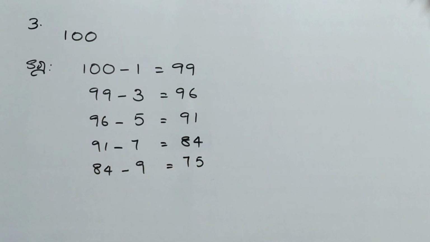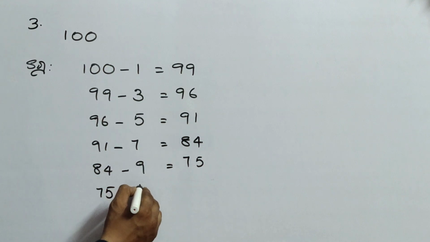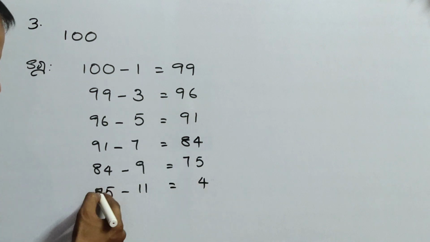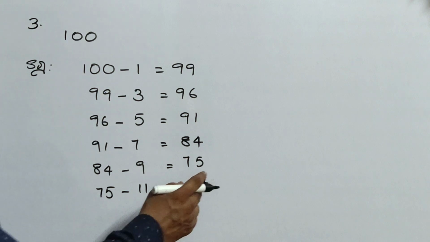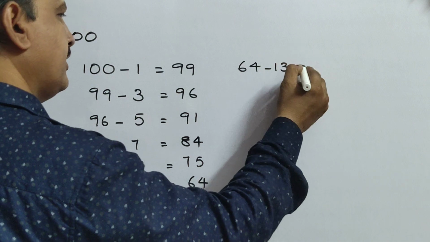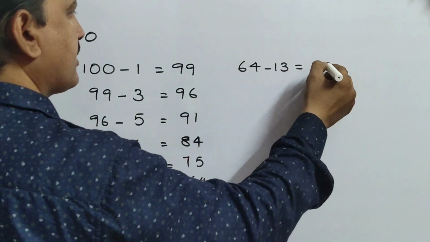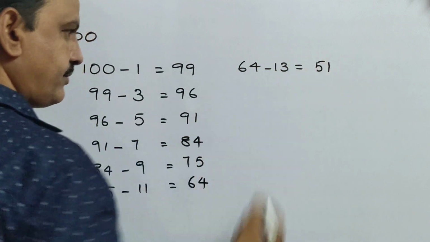Okay, agreed. Next, write here 75. 75 minus 11. So 5 minus 1 is 4, 7 minus 1 is 6. 64. Next, 64 you write here. So 64 minus 13. After 11, 13 is the odd number. 4 minus 3 is 1, 6 minus 1 is 5.